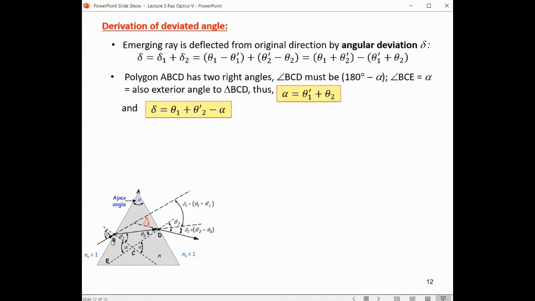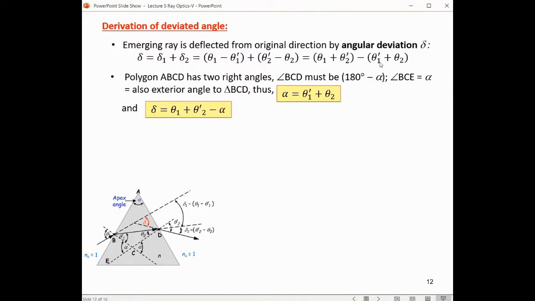Hence, the angle BCE would then be alpha, which is an exterior angle to the triangle BCD. Hence, alpha would be equal to the sum of the opposite two angles, which would be theta 1 prime plus theta 2.